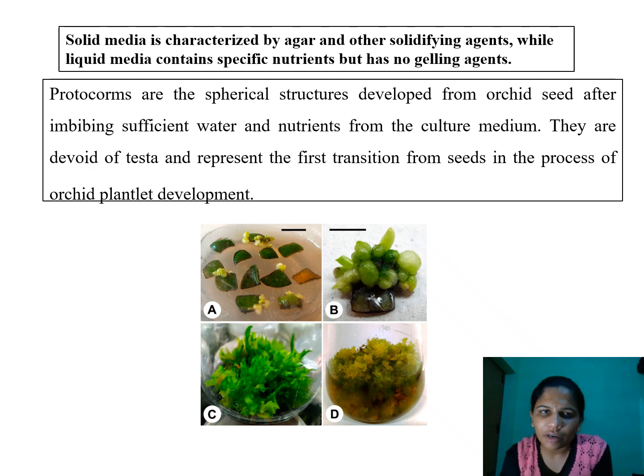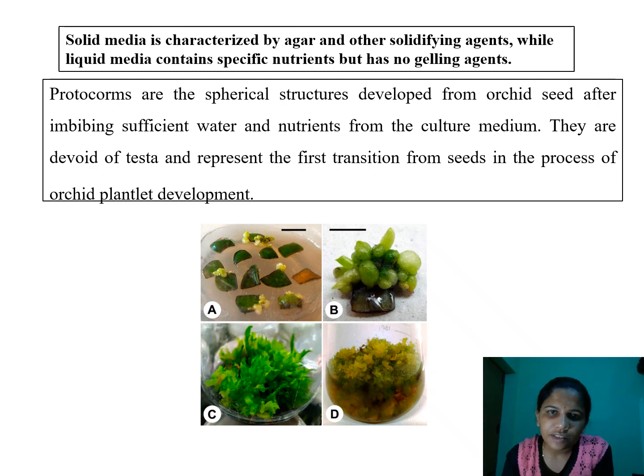In solid media, normally we use agar as a solidifying agent. In the case of liquid medium, they normally do not suggest any gelling agents. Because of the absence of a gelling agent, the medium will be in a liquid state.